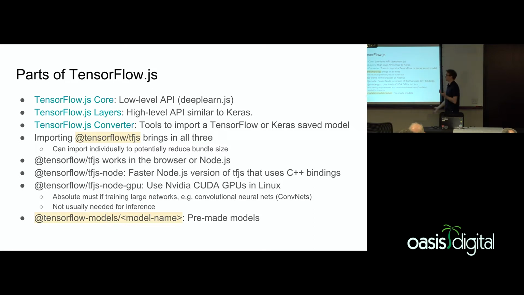So rather than waiting for another package to come along like Keras, they just built their own, which is really nice. There's also a converter. If you have existing models from the community that use TensorFlow or Keras, you can import them pretty easily with that. And if you import @tensorflow/tfjs, this will bring in all three of these packages.